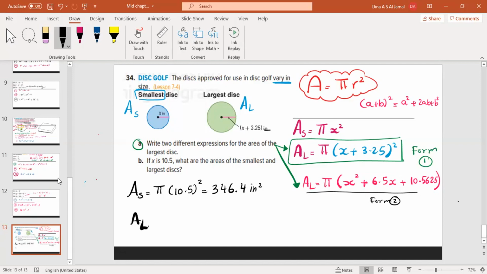Okay, let's go to the largest, and you will be substituting whether in this form or in this form. So pi times 10.5 plus 3.25 all squared, and this will be giving you around 594 inch squared.